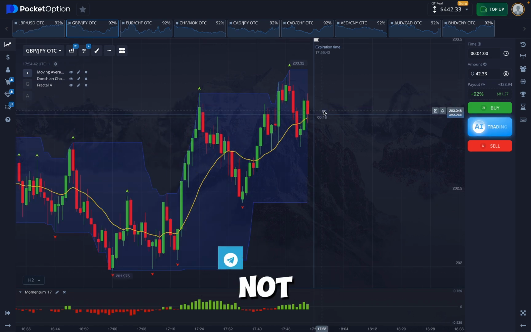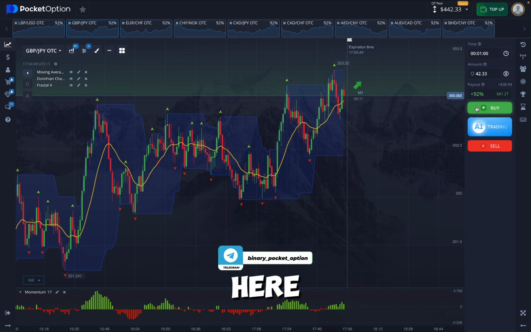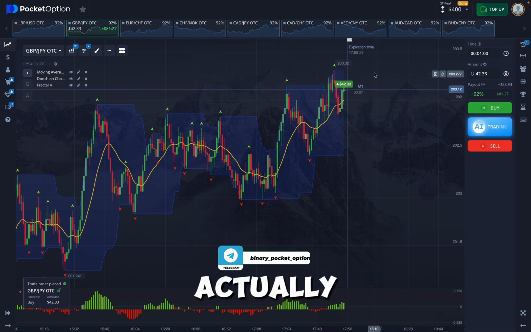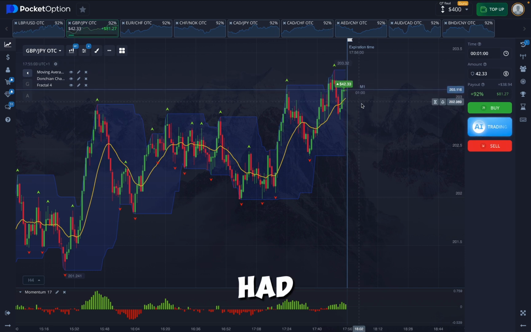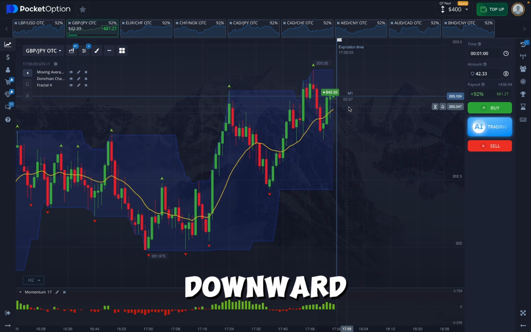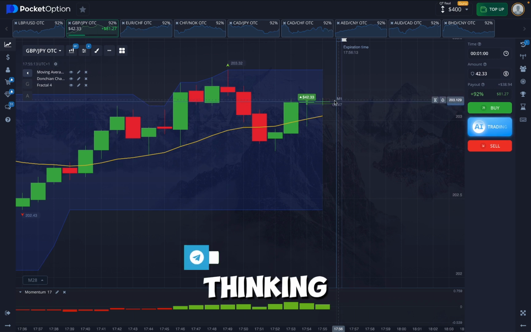Although why not? Let's try to open a deal to increase, but of course I feel here that I made a mistake. I actually opened the deal at a very terrible level. That is, the candle had previously shown us a good downward momentum, and the entry point had to be selected immediately. But so far, I've been thinking and thinking.